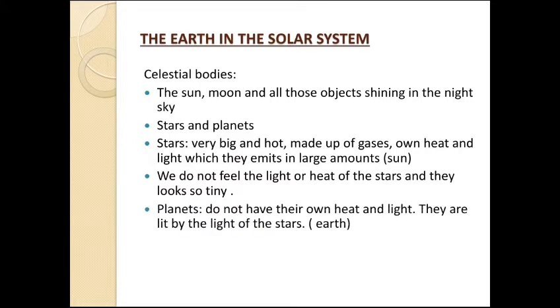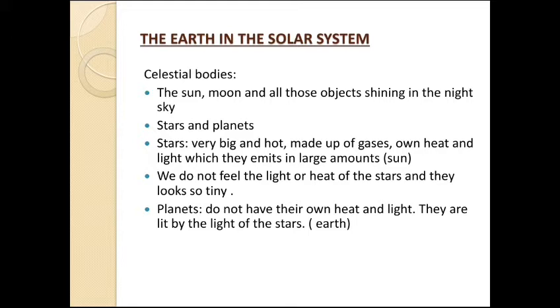The next category is planets. Actually these planets do not have their own heat and light. Example: Earth. Earth is a planet and it does not have its own heat and light, but it is lit by the light of the stars. It reflects the light of the stars, so we can see it shining, but it does not have its own heat and light.